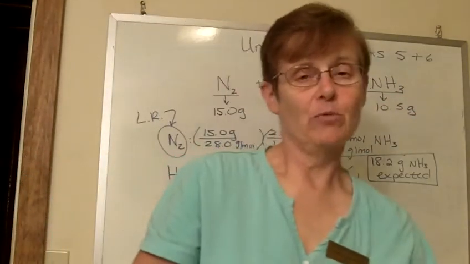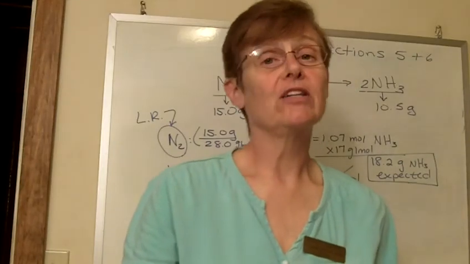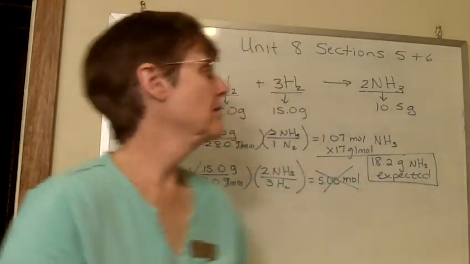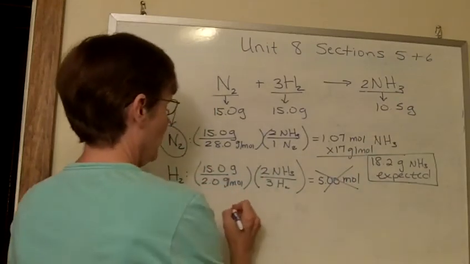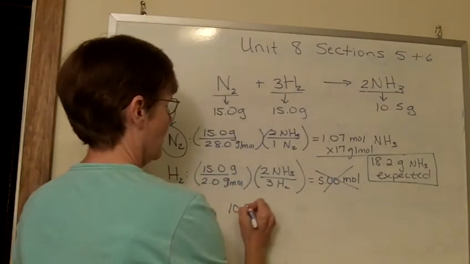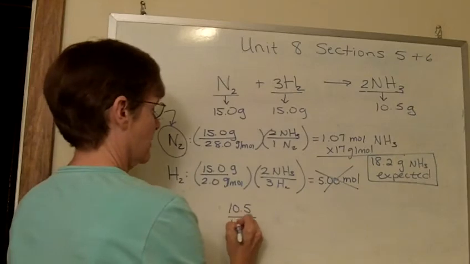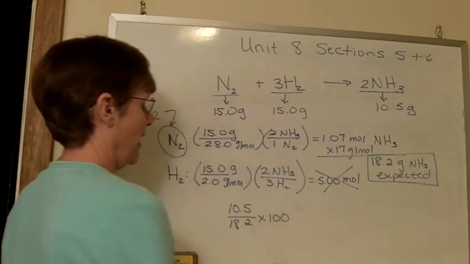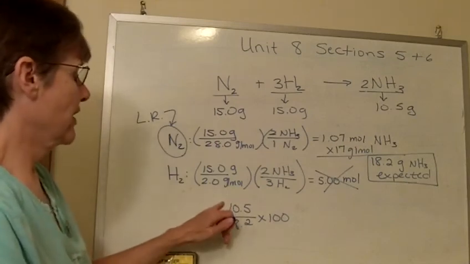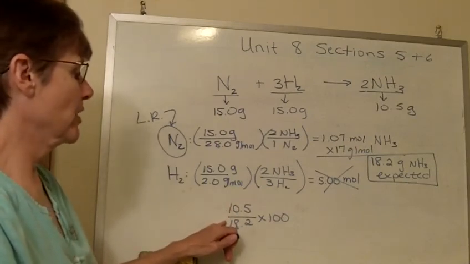But in the next step, we would be told how much product was actually made, and our actual yield is 10.5. And we want to express our yield as a percent of what we thought we should be able to get. So we actually got this. We calculated we should be able to get that.